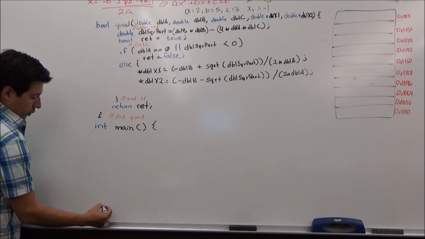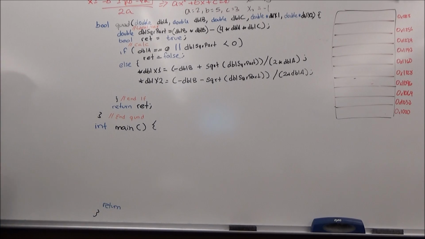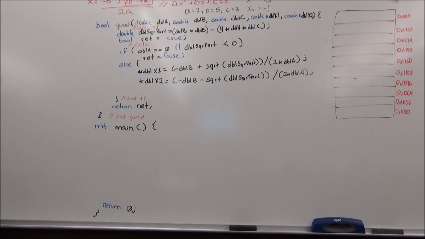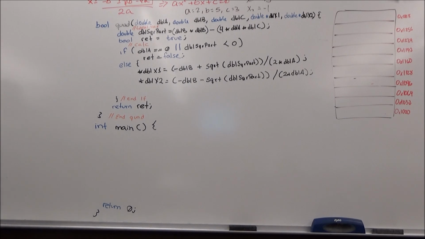The bottom is just return 0. So, in the variable declaration, I said you should have one variable for each input from the user and one variable for each output.